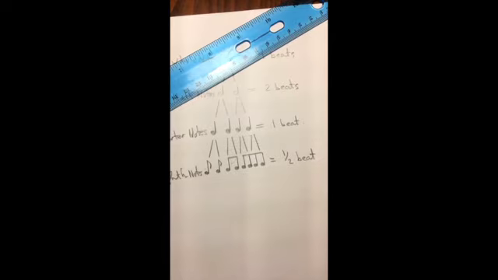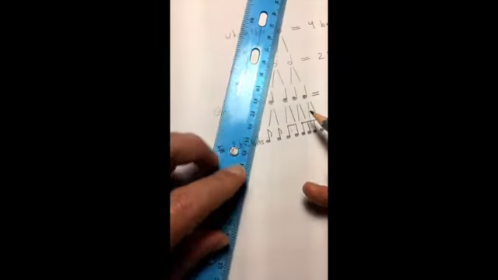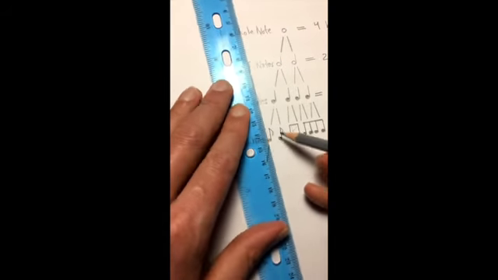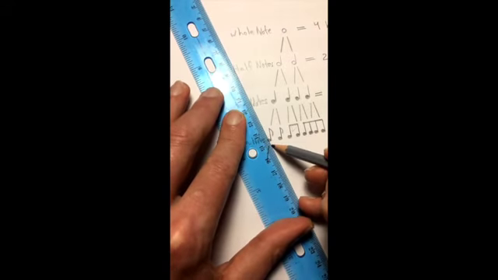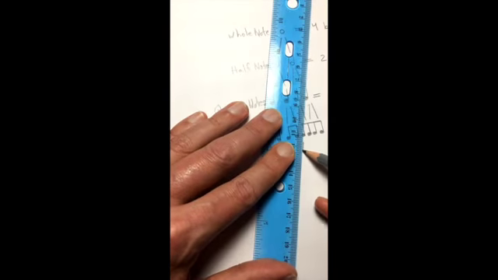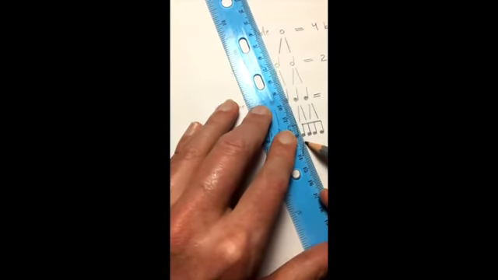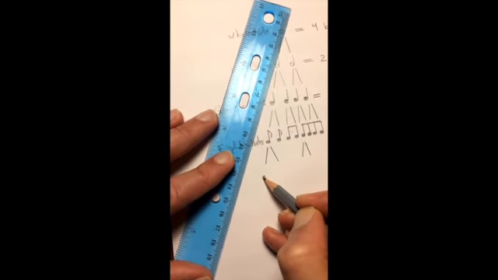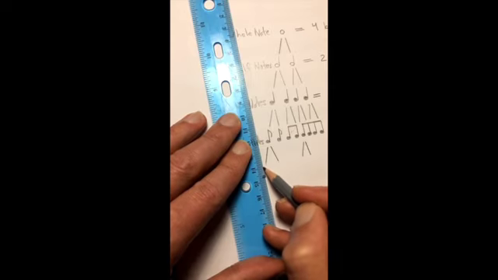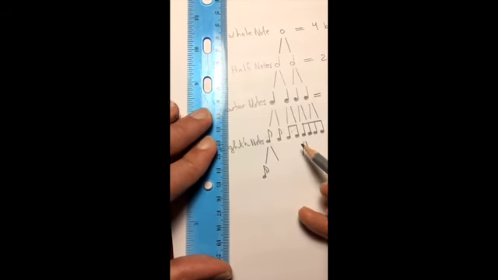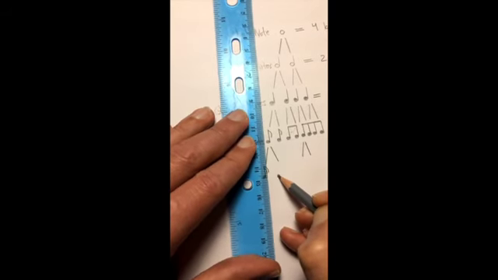Okay, now from there, I'm not going to draw all 16 of them, but we can split that in half. I'll do another one over here just because I want to show you the beaming. So if I take this, as a 16th note, it now has 2 flags. Okay, so there we go.